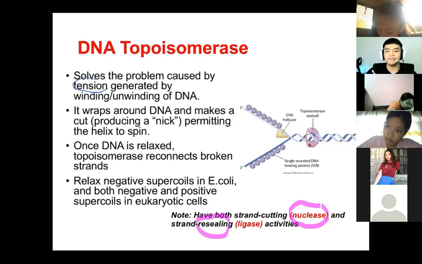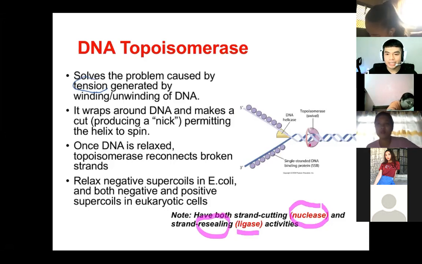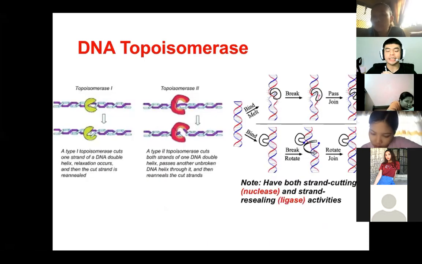Kaya ang second activity held by topoisomerases, we have ligase activity or ligation action. So yan yung dalawang actions of topoisomerase. They cut initially, and when the tension is relieved, babalik na ulit sa original. Ididikit na nila ulit. Now, when we talk of DNA topoisomerases, we have two isoforms. Okay, meron tayong two isoforms.